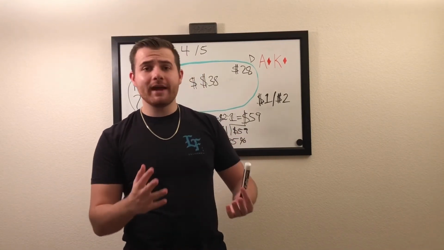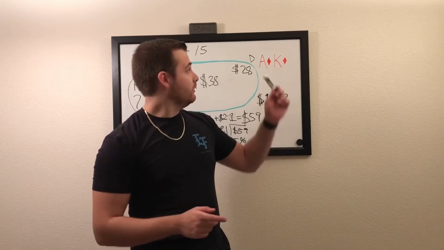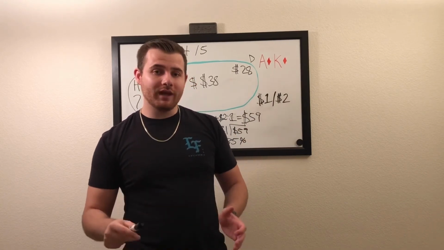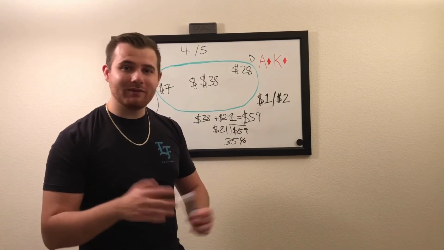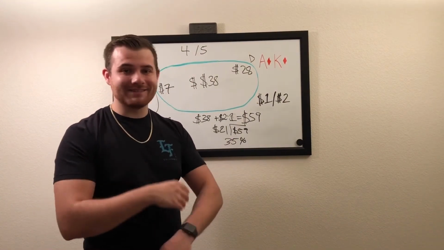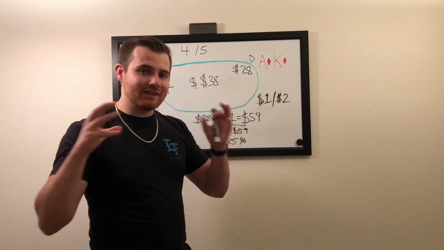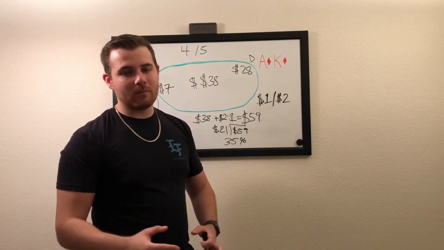So what do they have to have? What kind of ranges can we put them on? Essentially, we're putting them into a situation where they have to have very playable hands. That's gonna take out the ace rags, the queen rags, the king rags, all of the rags. It's gonna condense their range to where when we get post flop, we can play more optimally.